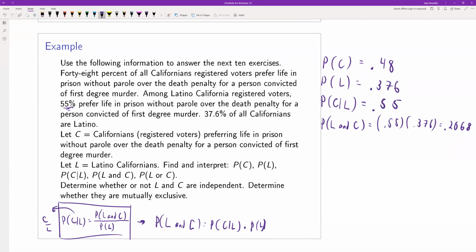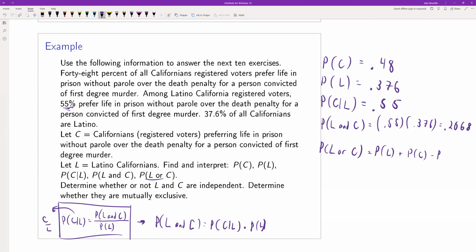Finally, it asks us to find the probability of L or C. And once again, let's not assume that it's mutually exclusive. We'll say that the probability of L or C is the probability of L plus the probability of C. And then remember, we need to subtract the overlap.